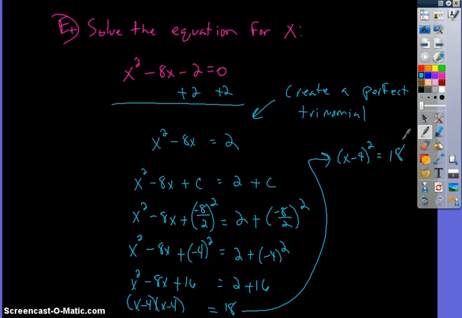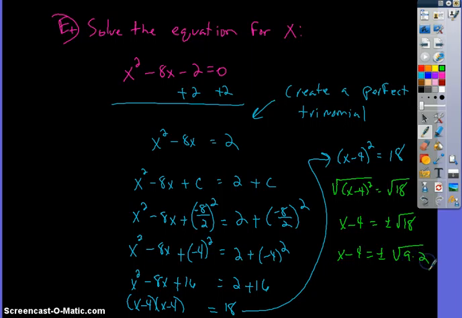Now we've learned in the previous lesson that if I want to solve this equation, I can simply square root both sides. I can square root the left side, square root the right side. That gives you x subtract 4 equals the positive or negative square root of 18, which is really x subtract 4 equals the positive or negative square root of 9 times 2.